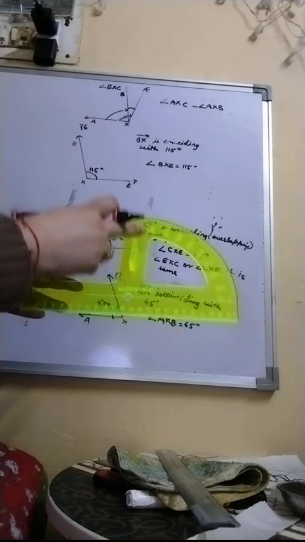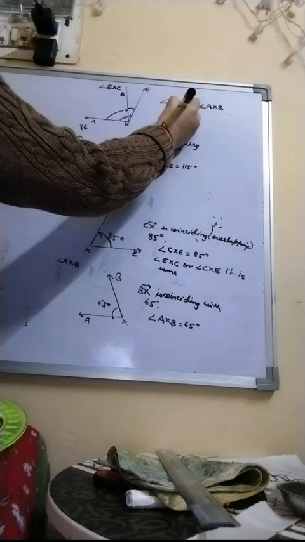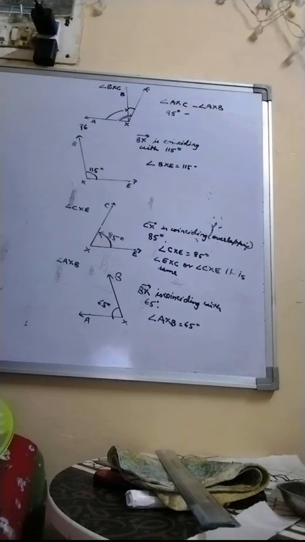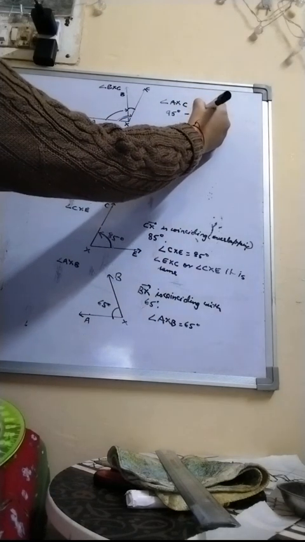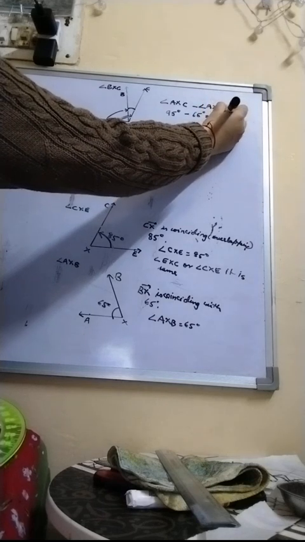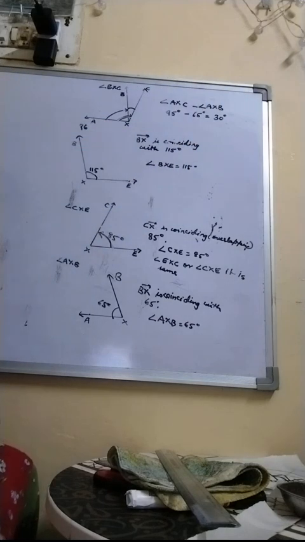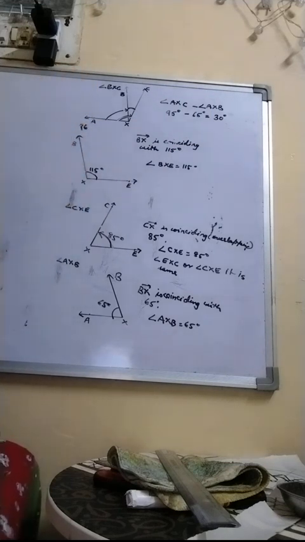So your AXC is 95 degree minus, what is AXB? You have already found 65. So you would get the angle as 30 degree.